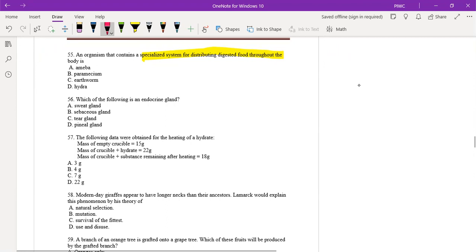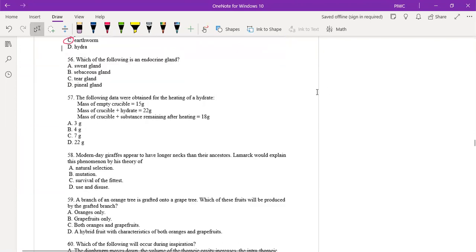So it's a highly developed organism. Okay, so that should be earthworm. It's more developed than the other ones. Amoeba is a one-cell organism. Paramecium, also a one-cell organism.